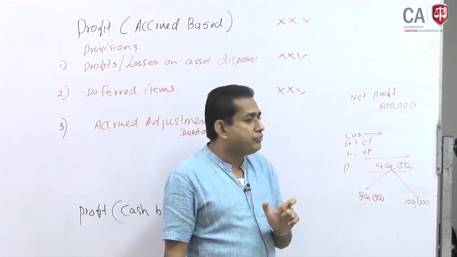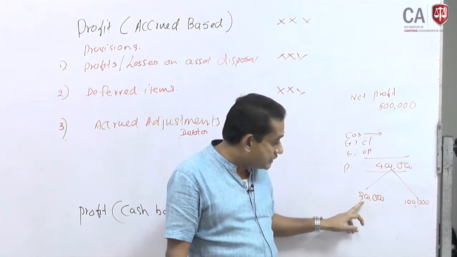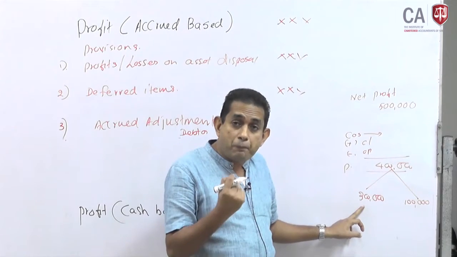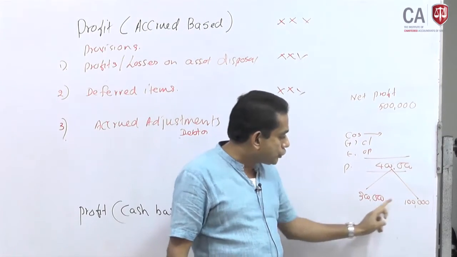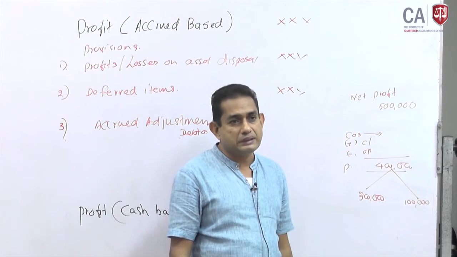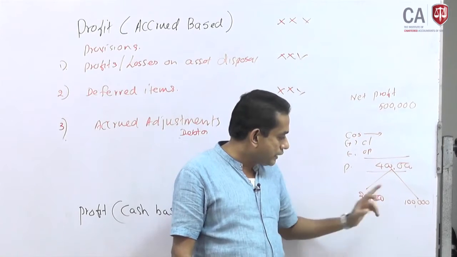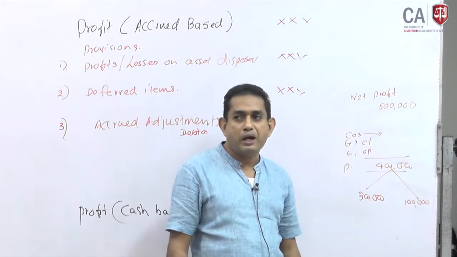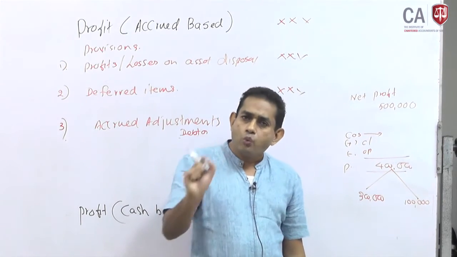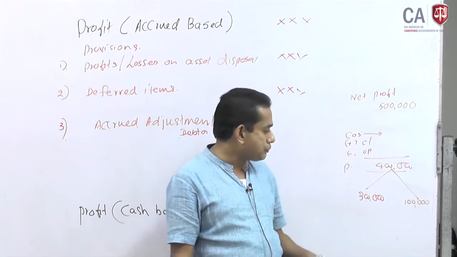In doing the profit calculations, what we have deducted is not just the 300,000 purchases on cash basis, we have also deducted 100,000 non-cash purchases, the accrued element of purchase. Accrued element of purchase is how much? 100,000.